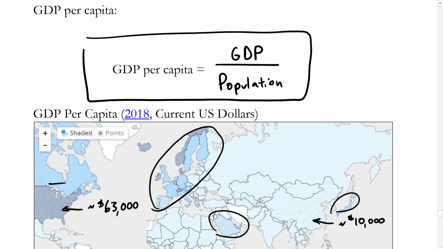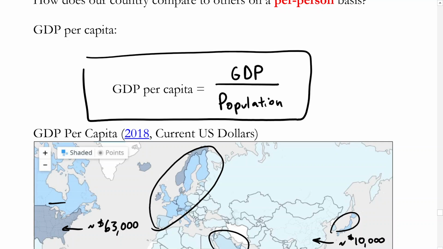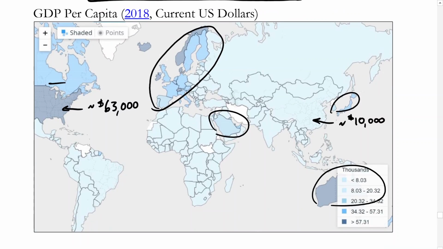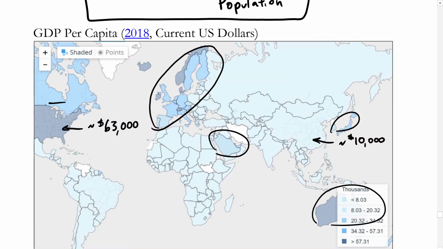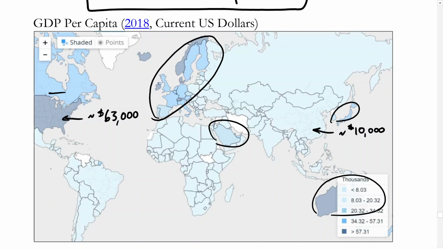If you're dividing by a small population, a small denominator means you're going to have a larger number as the outcome. So in the top, say, 25 countries, there are a number of very, very small countries, which you don't typically think of as wealthy nations, but that's because they have some form of wealth and a very small population.